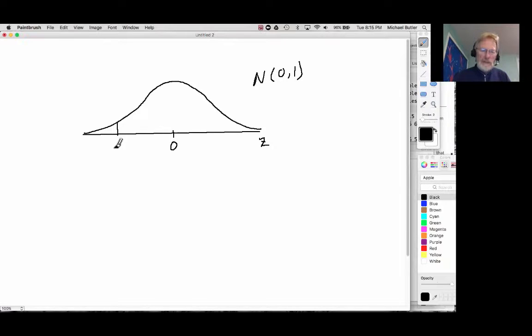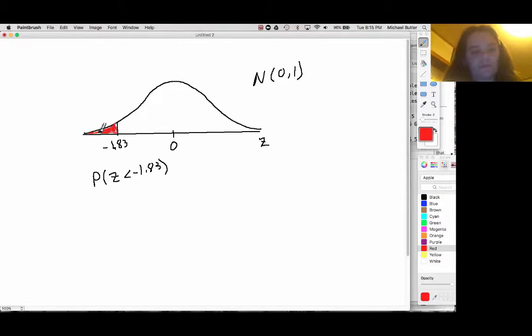So say this is negative 1.83, okay? And my question would be, say, perhaps, what is the probability of z being less than negative 1.83? Well, what that's going to be is this red shaded region down here, isn't it? Yeah. This red shaded region is that probability.